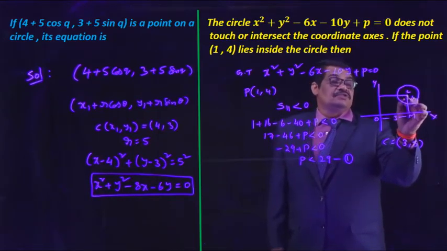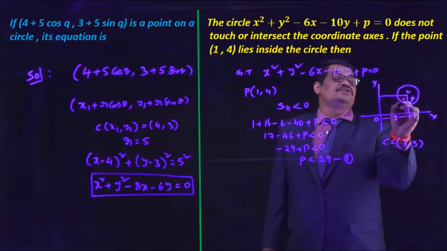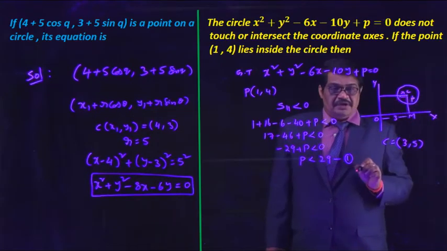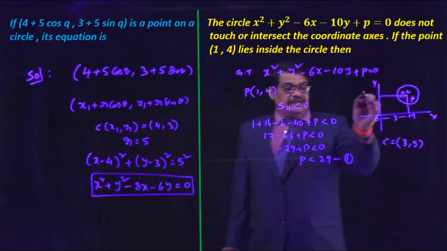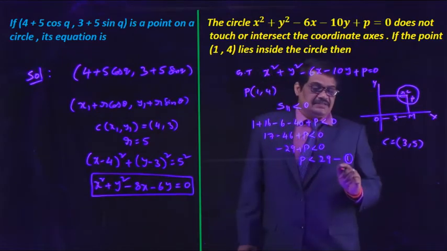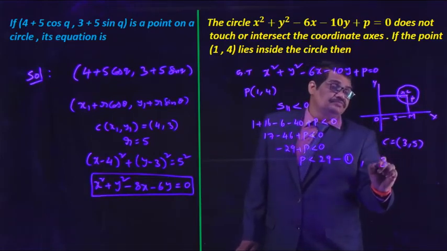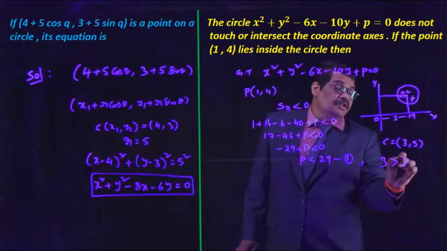From the center to the y-axis the distance is 3 units, and this distance is the radius. Here the circle does not touch or intersect the coordinate axes. Therefore the condition is that 3 is greater than the radius of the circle.